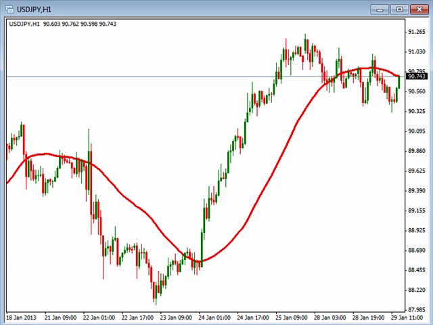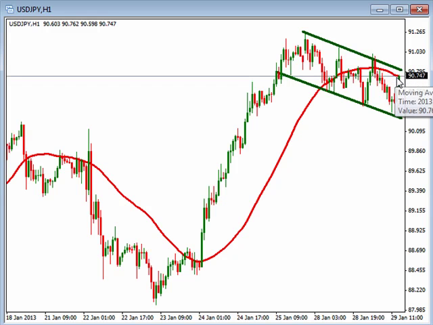We can draw some simple channel lines on here, and we can see that the channel's in a downtrend. The moving average is pointing down, prices below it. So overall, the trend is bearish right now on the intermediate term.